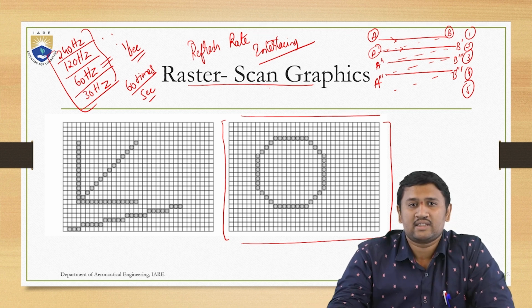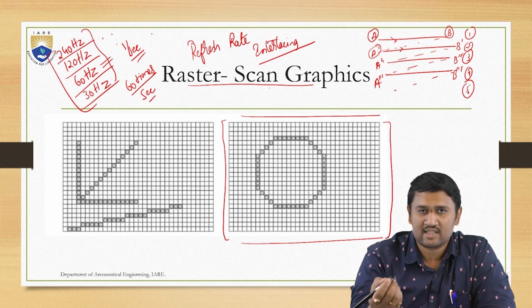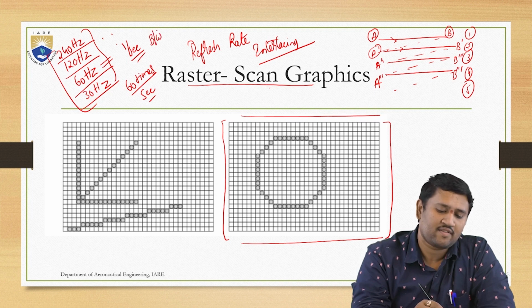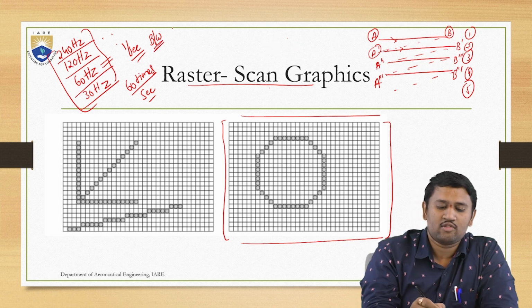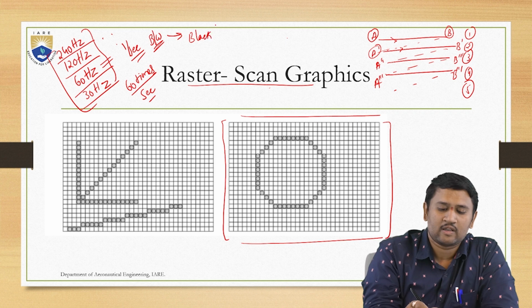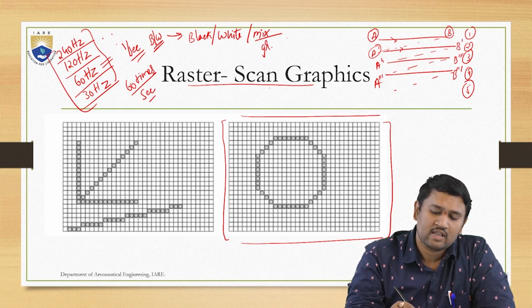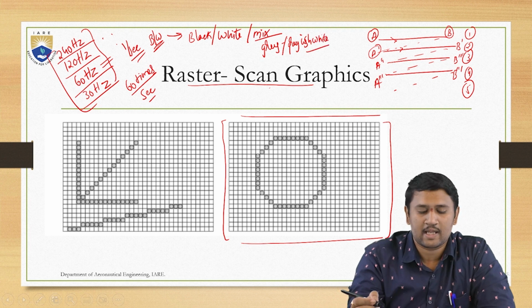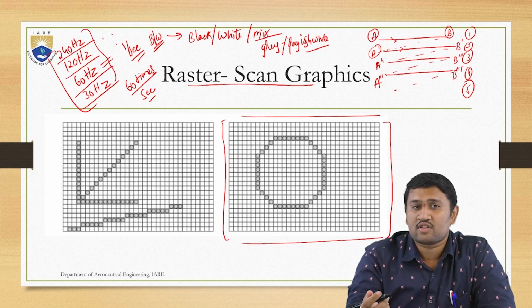How can a color be shown under your pixel? Basically, if you're using a raster scan system for your basic graphics that is black and white, at that time what happens is you'll be putting either black or white, or a mix of both in certain proportions to get colors like gray or grayish white, etc. Now, how does the system know that a certain proportion or certain mixture is to be done?